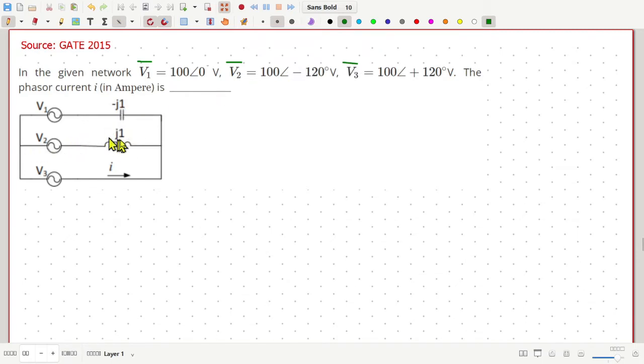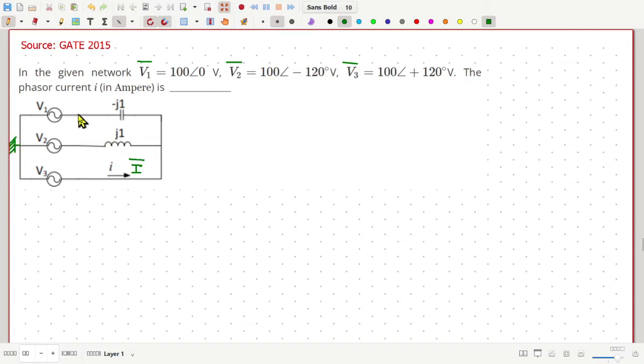And here we have a star-connected load, an unbalanced load, and this current is I, which we have to find out. Let me call this capital I bar to indicate the phasor value. How to solve this? Let us first consider this point at the reference potential.